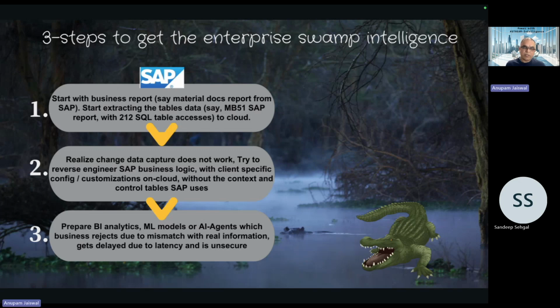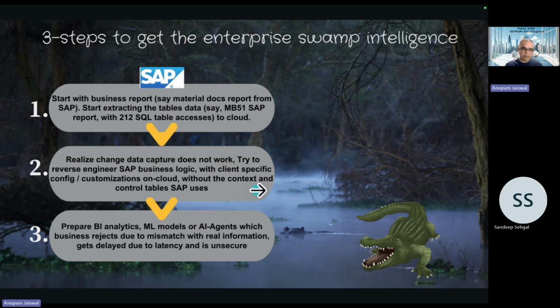They work with the full dumps of data, maybe not 212 different, but at least 20 to 50 different tables. And then begins the fun part where they try to reverse engineer SAP business logic, which may have some client-specific configurations, customizations. They lose track of all the business context and controls.